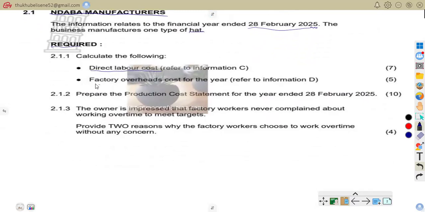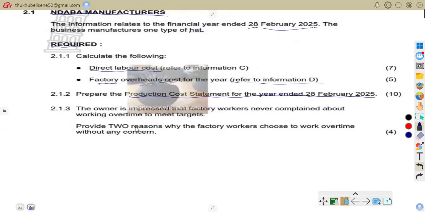Also, we are to calculate the factory overheads cost for the year, and for that we are to refer to information D. That is the information that will be very helpful for the calculation of factory overheads. 2.1.2, prepare production cost statement for the year ended 28 February 2025.